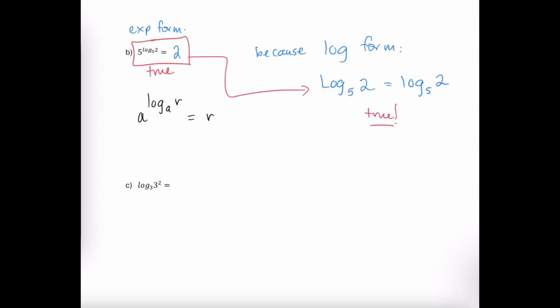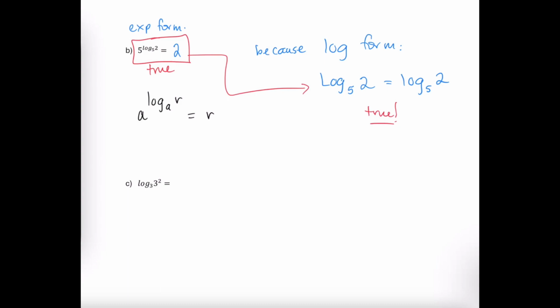The last example we'll look at in this video is log base 3 of 3 raised to the 2 power. So we're looking here, again, a logarithm is going to have an output that is an exponent. So we're looking here to find who is the exponent that needs to go on 3 in order to bring us back to the argument, which is 3 squared. Well, that exponent would be 2 because 3 raised to the 2 power is equal to 3 raised to the 2 power.